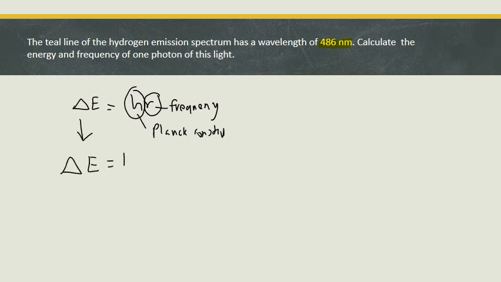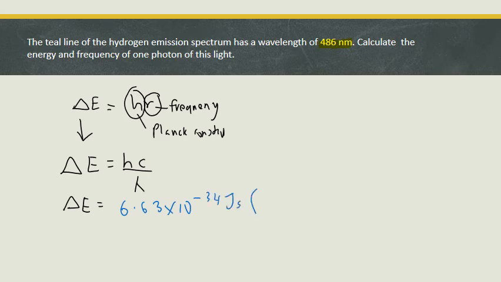So delta E equals Hc over lambda. C is our speed of light. We calculate delta E. Delta E equals Planck constant, what is its value? Planck constant is 6.63 times 10 to the negative 34 Js.